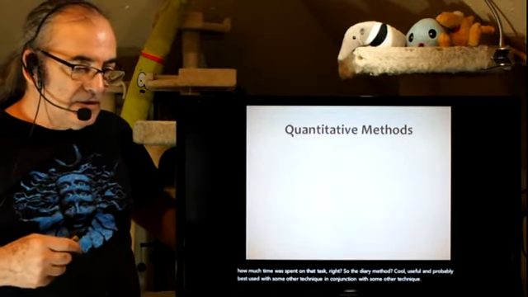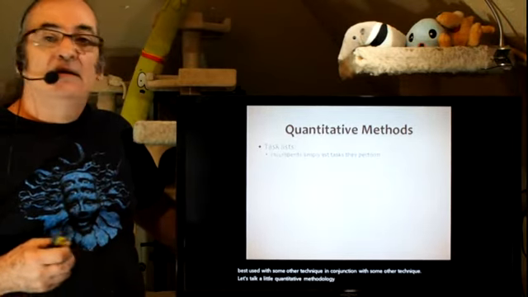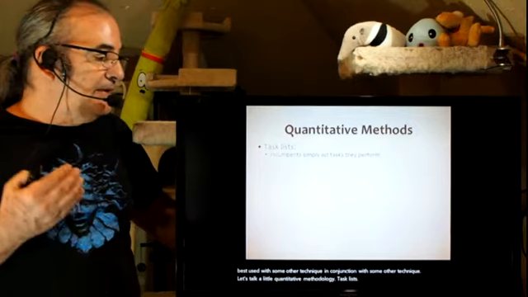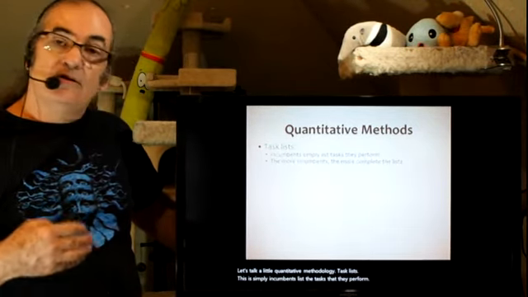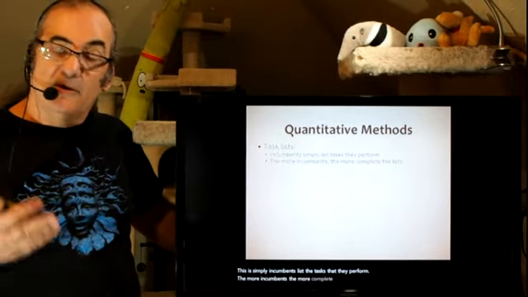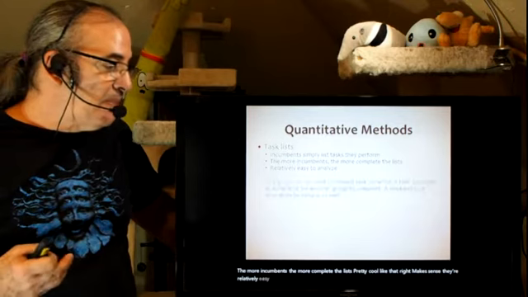Now, let's talk a little quantitative methodology. Task lists. This is simply incumbents listing the tasks that they perform. The more incumbents, the more complete the lists. Pretty cool, right? Makes sense. They're relatively easy to analyze.